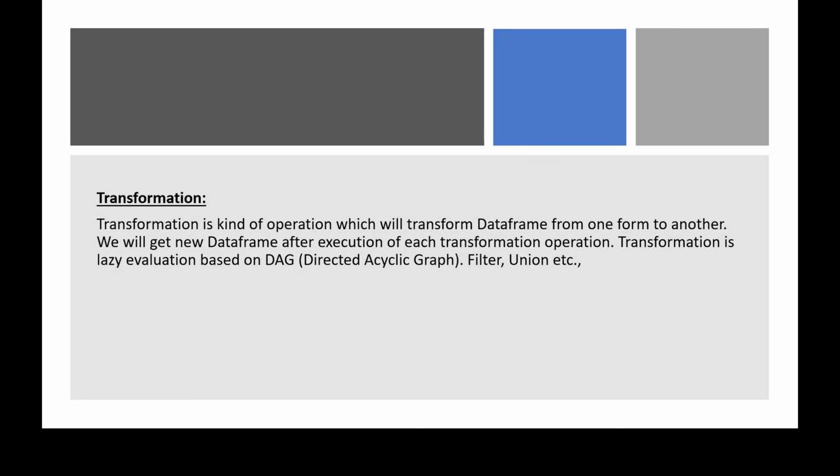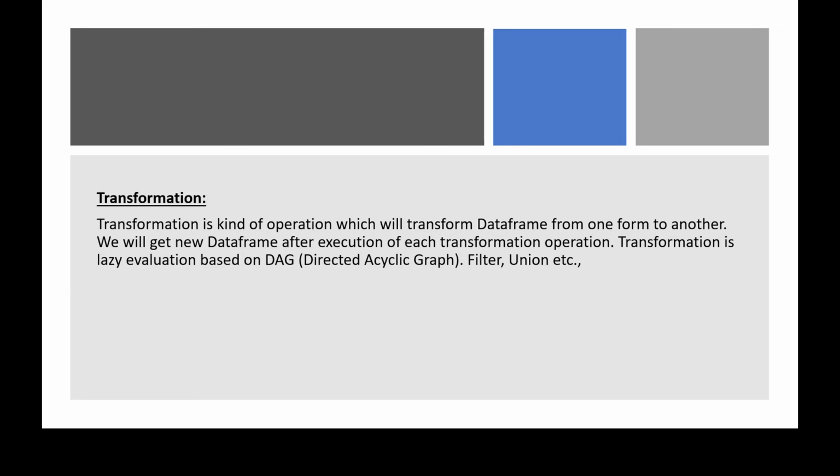And transformation works in a lazy evaluation model. Lazy evaluation means when we execute a transformation, the actual execution does not happen immediately. The actual result data will not be produced immediately. The Spark engine will create only the logical plan for that transformation.